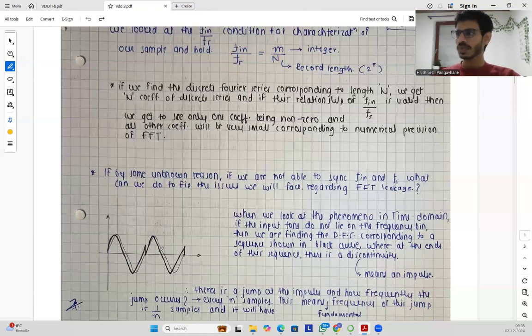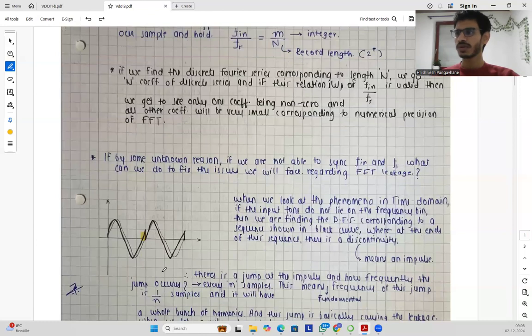The discontinuity at the end of n samples simply means that there is an impulse at the ends. We find this impulse when the actual input signal should be like the green curve, but if there is a mismatch or it is not synchronized, then the black curve shows us the impulse.